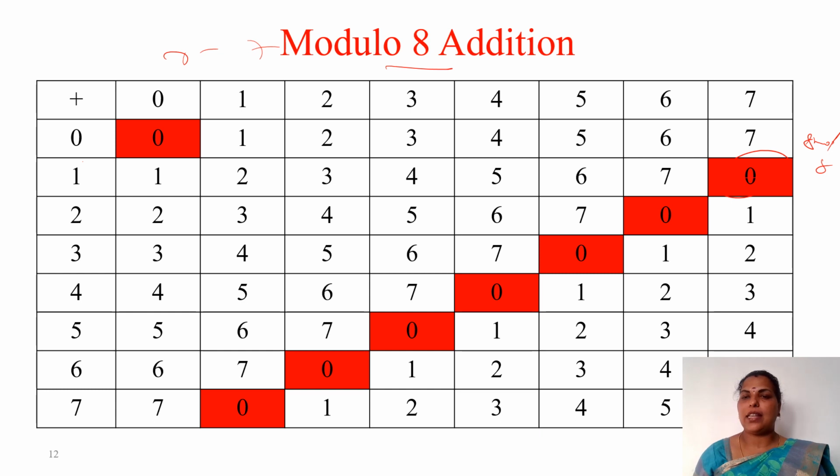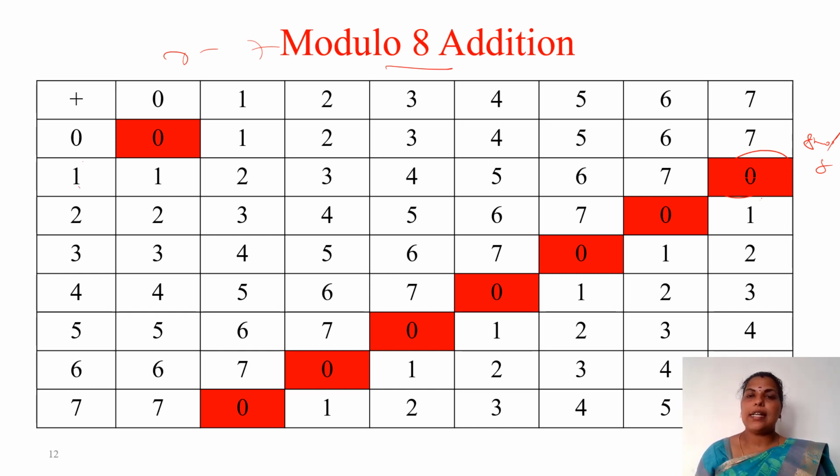So here we are having 0 as an inverse. Because always the value lies between 0 and 7 only. So now we are getting 8, so it is 0. So wherever we are having 0, that becomes the additive inverse of that particular modulus operation.